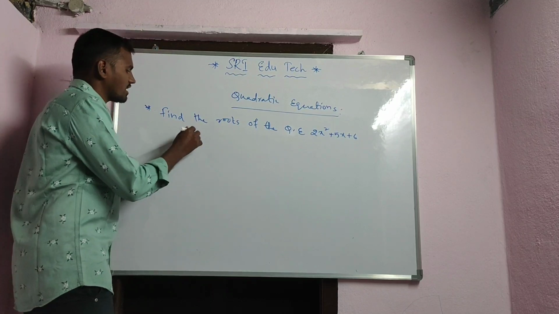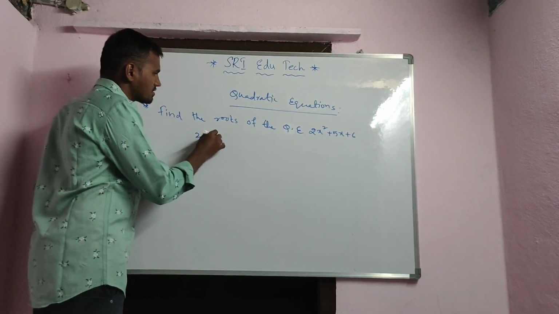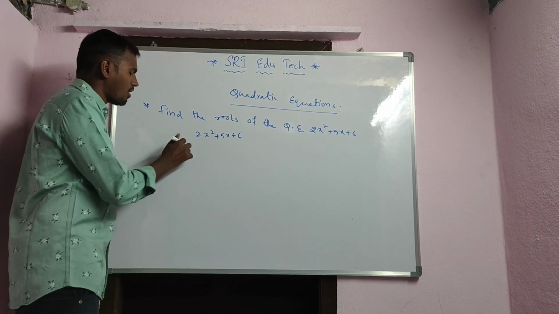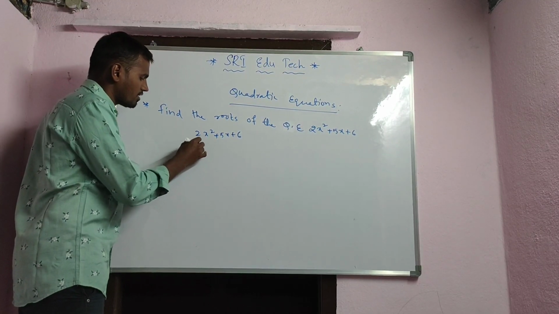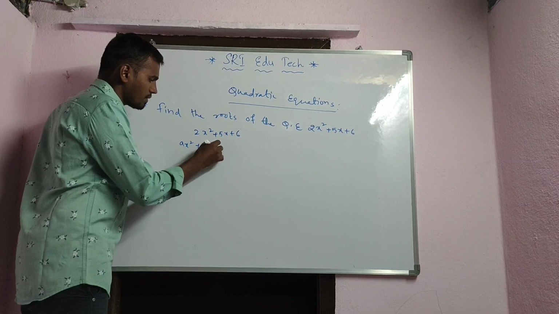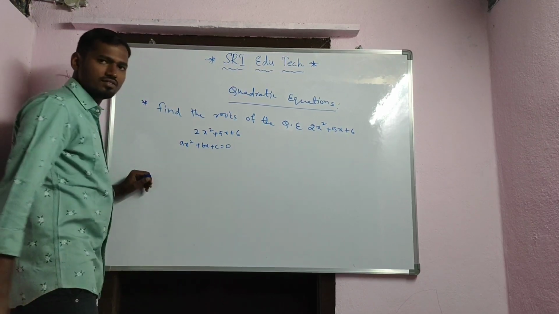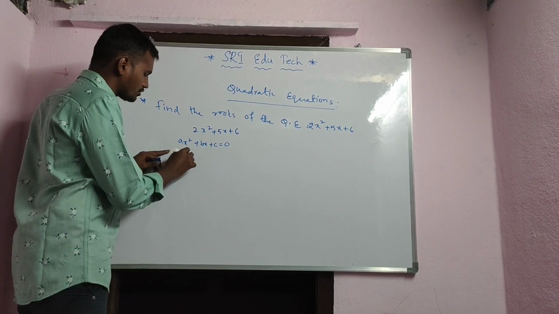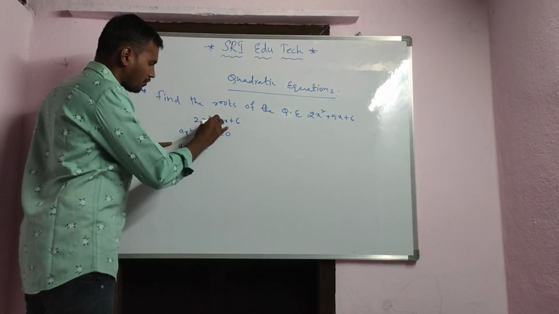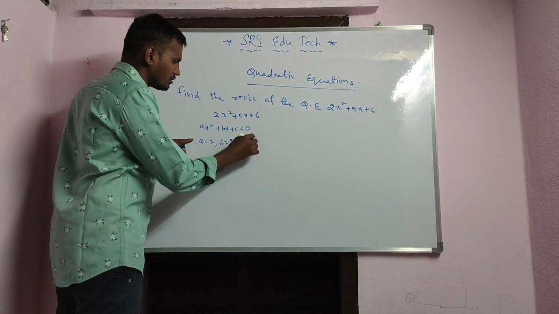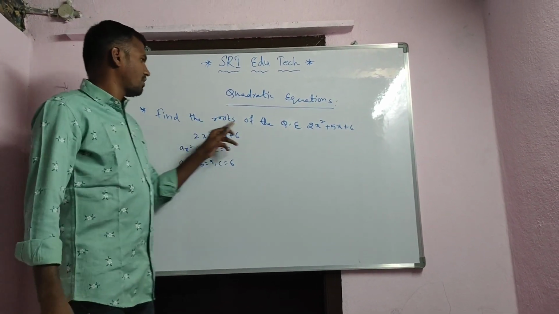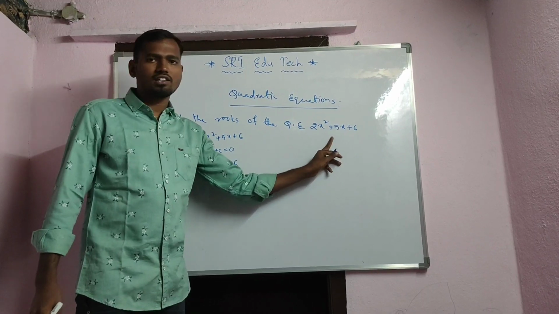Let us write down 2x² + 5x + 6. It is in the form of ax² + bx + c = 0 only. Let us write down from this a = 2, b = 5, c = 6. So from this equation you have to find the roots.